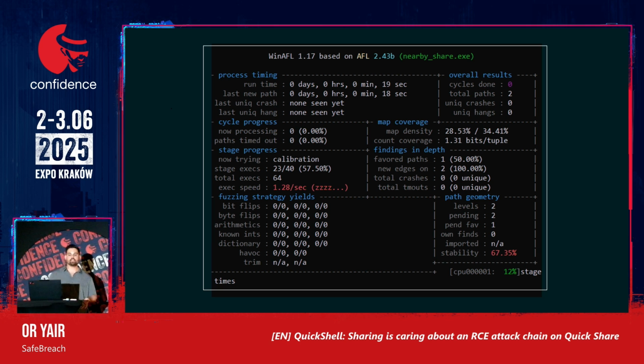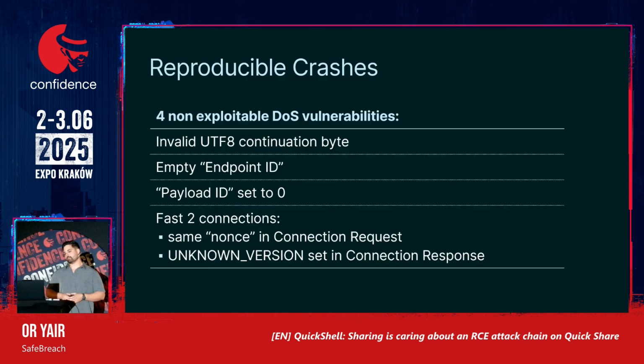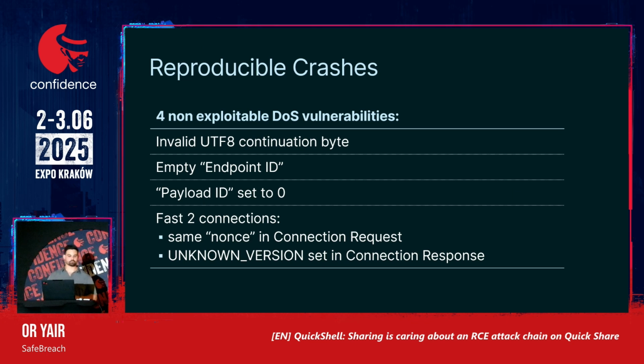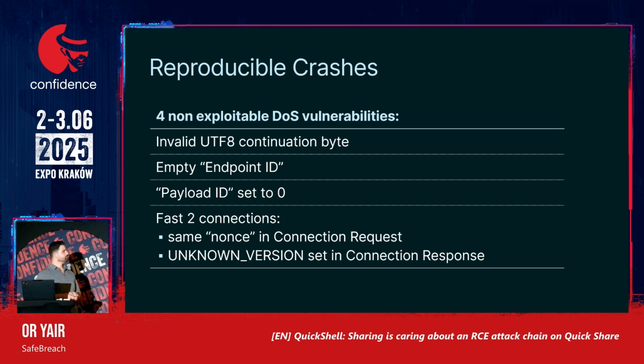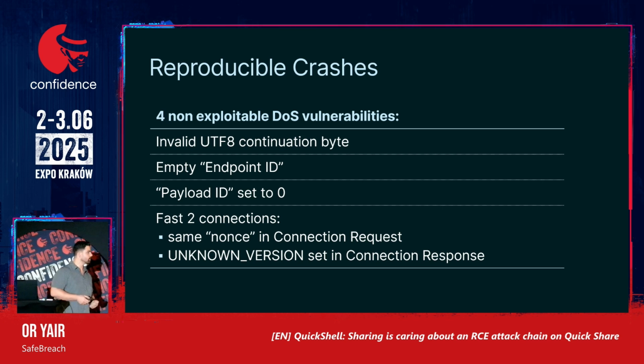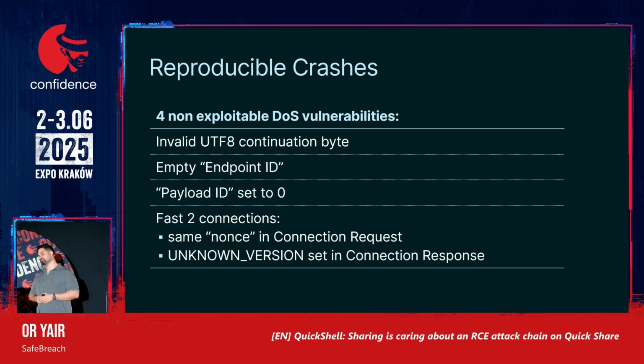We did get it to run, but it was pretty slow, as you can see. However, the fuzzer did come up with some reproducible crashes. Unfortunately, these crashes were not exploitable. We could reproduce them, but not exploit them in any way.